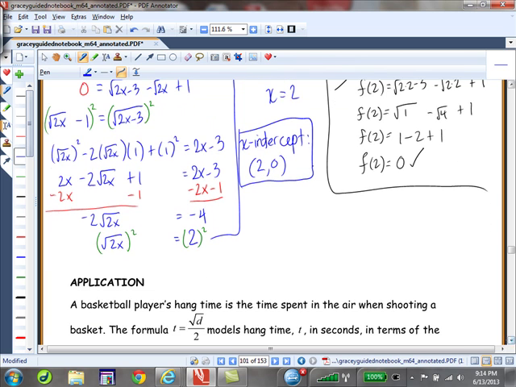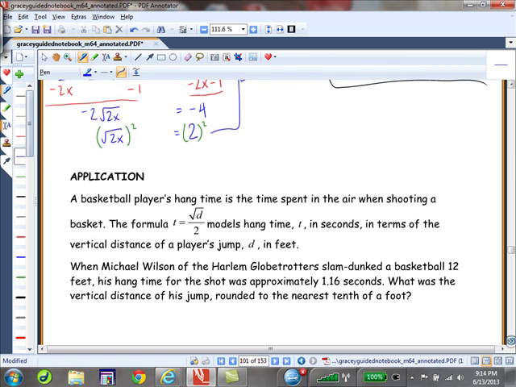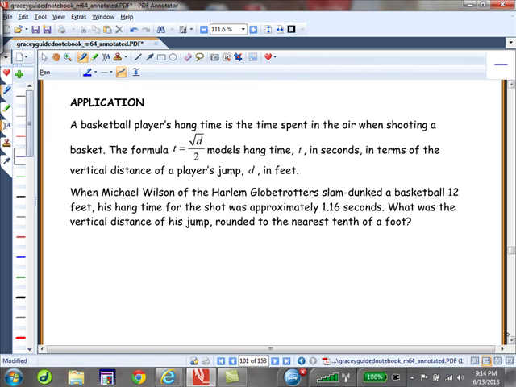And our last problem for the section, I bet you're so excited. A basketball player's hang time is the time spent in the air when shooting a basket. The formula t equals the square root of d over 2 models hang time, t, in seconds in terms of the vertical distance of a player's jump, d, in feet.